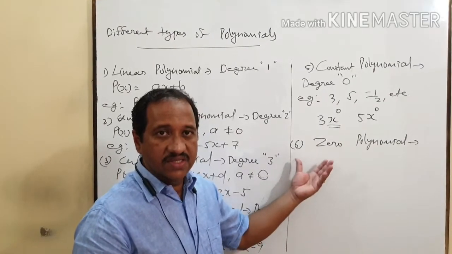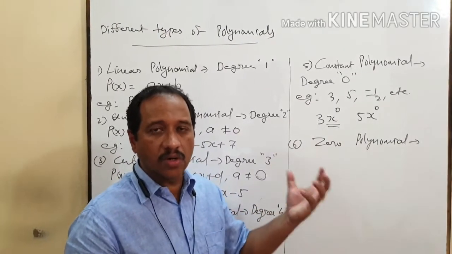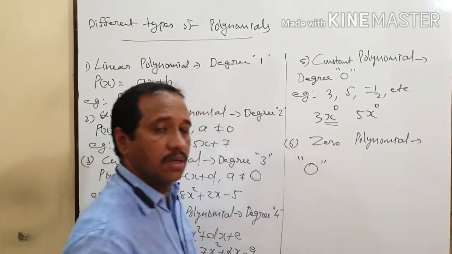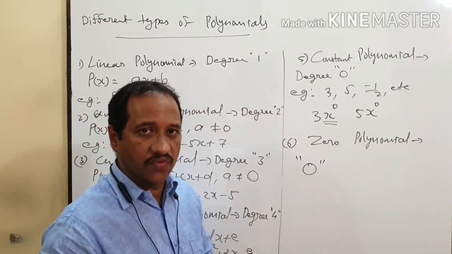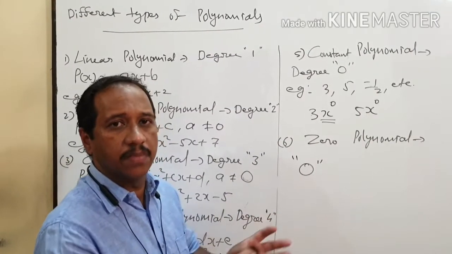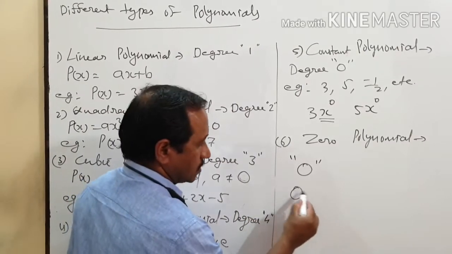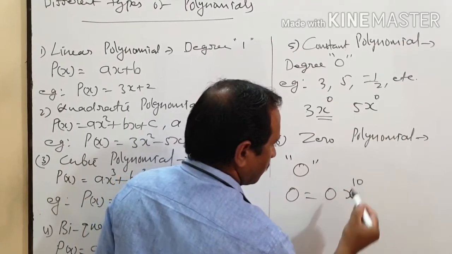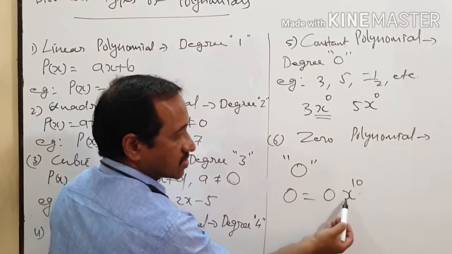The next one is a zero polynomial. 0 is called a zero polynomial and its degree is not defined because 0 can be written with any variable and any power. For example, zero is equal to 0 x raised to 10.